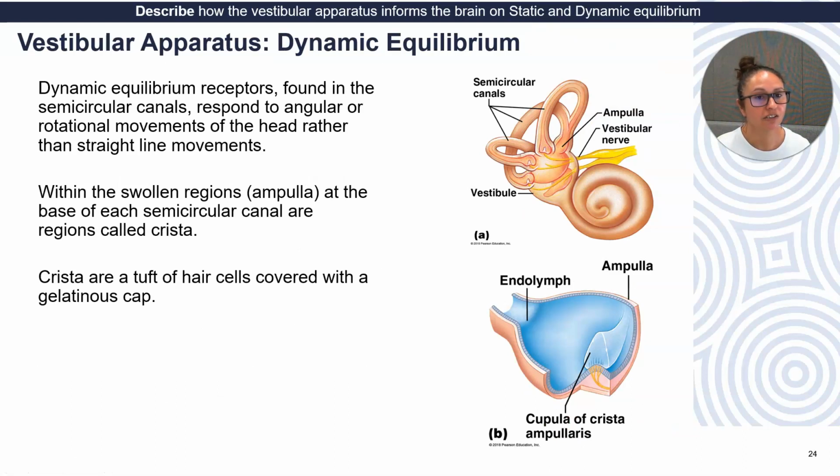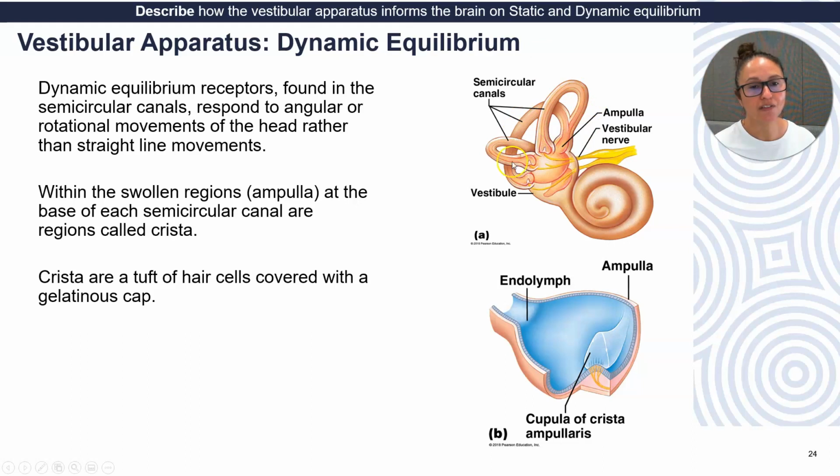Now we can look at what happens when our head rotates. That is called dynamic equilibrium, when your head rotates. We have one system to detect horizontal movement, one system to detect vertical movement, and another system to detect all the other possible combinations.